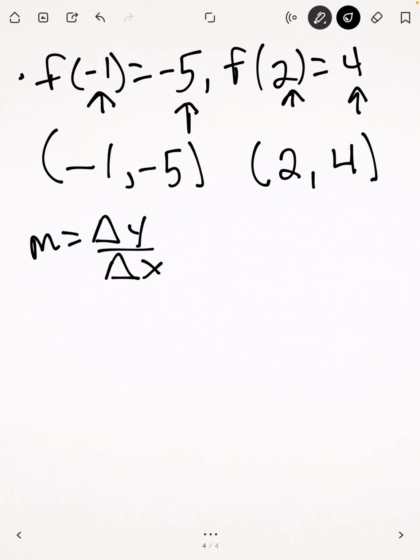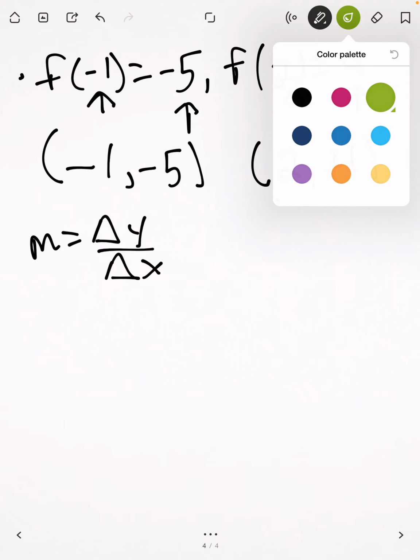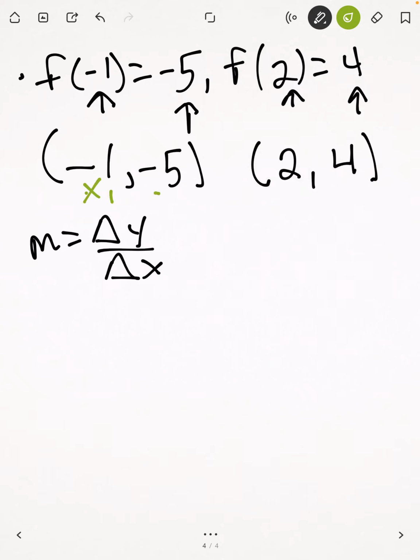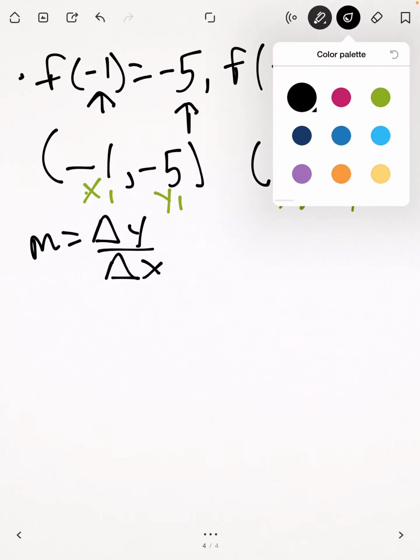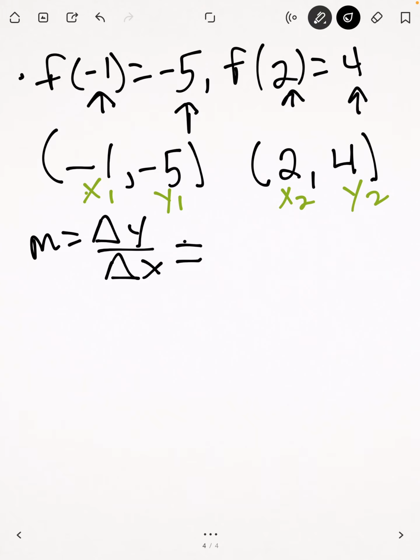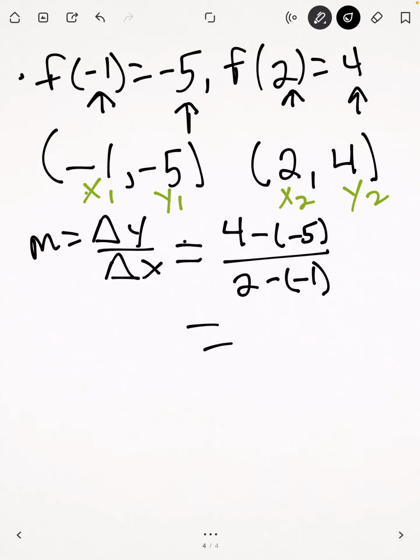We have x1, y1, x2, y2, so here we have y2, 4 minus y1, -5, over x2, 2 minus -1. 4 plus 5 is 9, 2 plus 1 is 3. Our slope is 3.